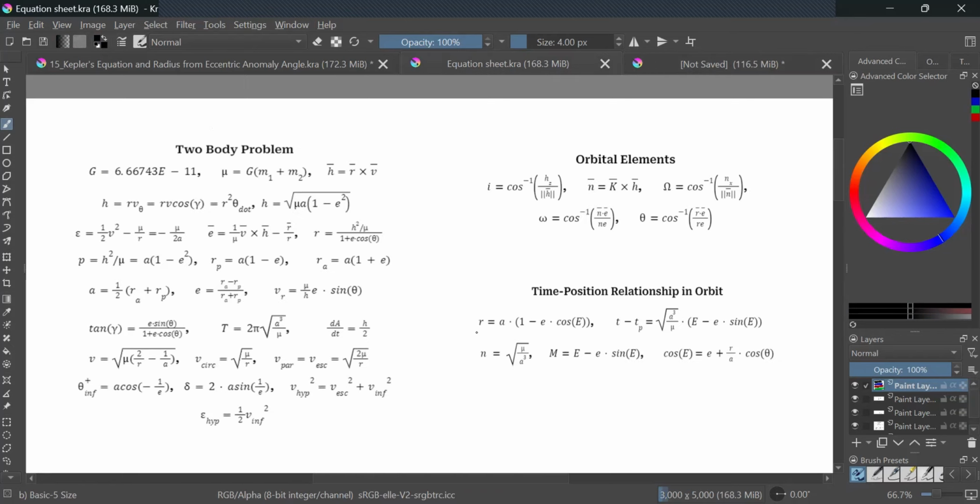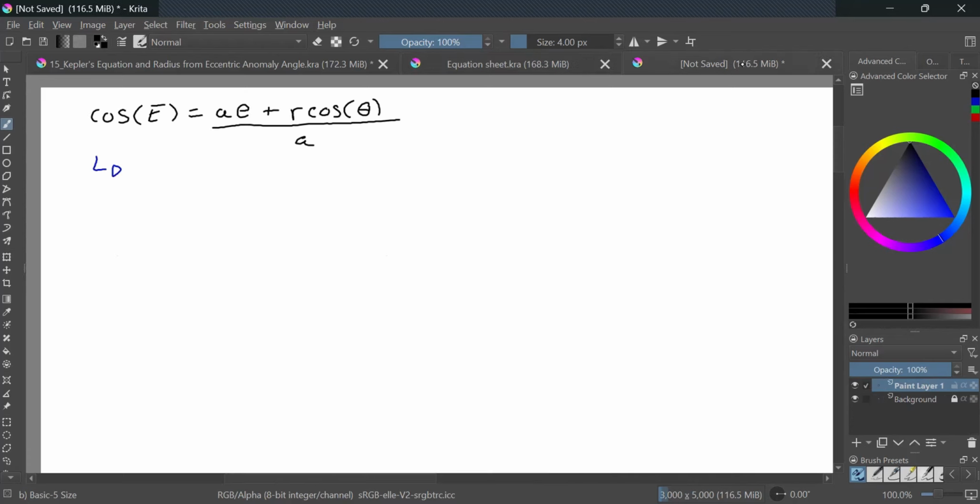We have our new equation and our previously defined orbit equation. I'm going to say let's look at this one, since we're already trying to do a conversion between theta and E. So let me write that in here.